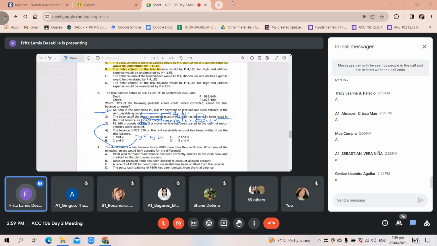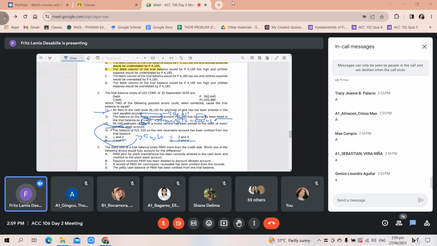The trial balance would still be equal, because only the posting is wrong; the wrong account was used. This type of error cannot be detected in the trial balance. So number 3 is wrong, and therefore the choices that include 3 would also be wrong. We are left with either 1 and 2, or 2 and 4.